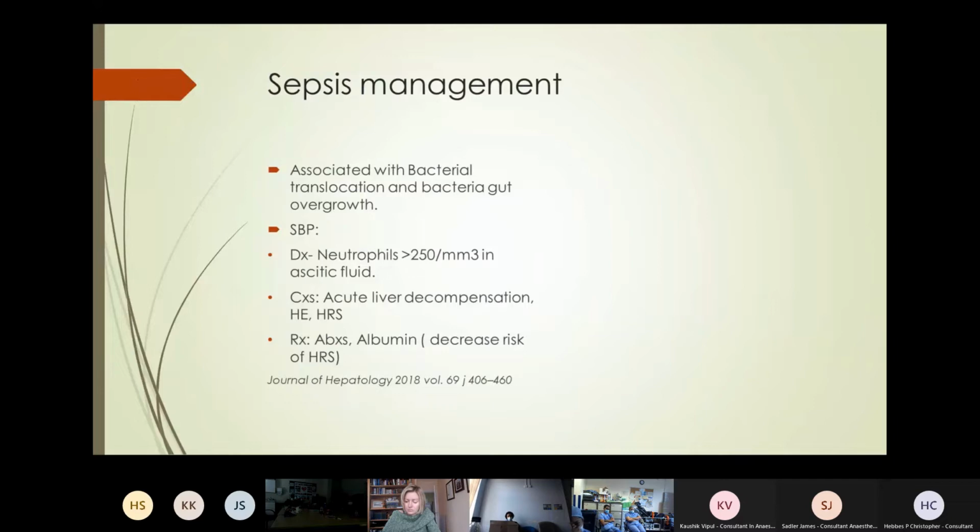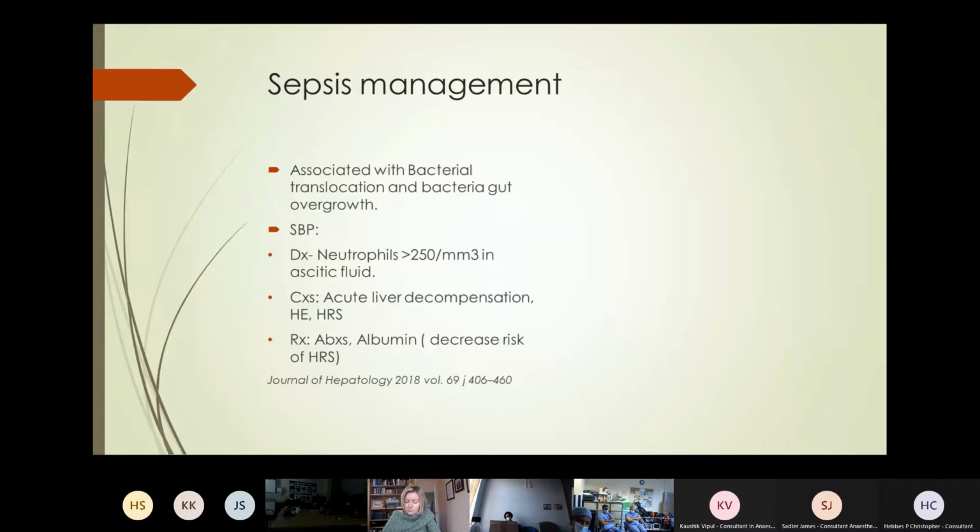Sepsis management. Mostly these patients come in with issues with sepsis because of bacterial translocation, portal hypertension with increased gut permeability, bacteria and bacterial products, and also poor peristalsis that results in bacterial gut overgrowth.